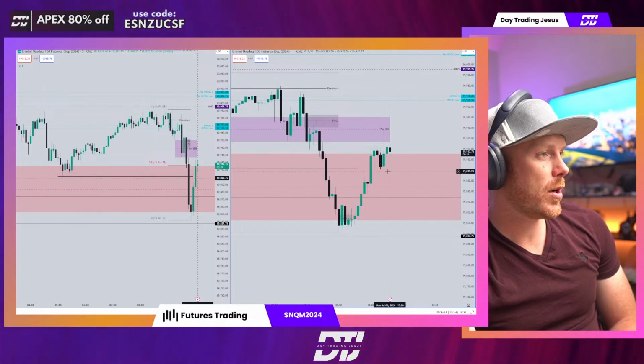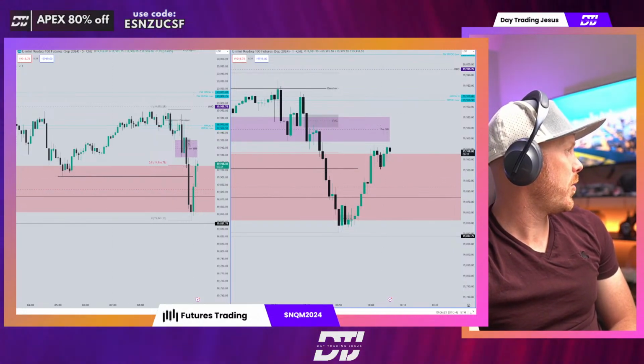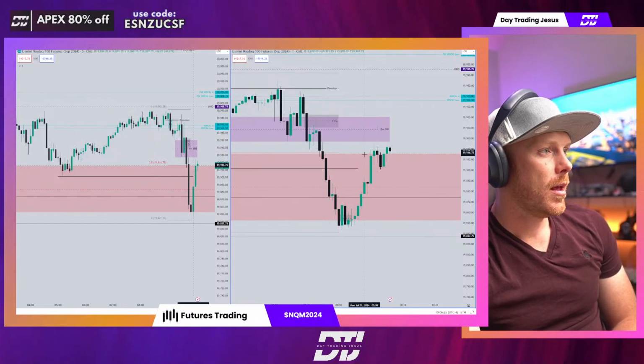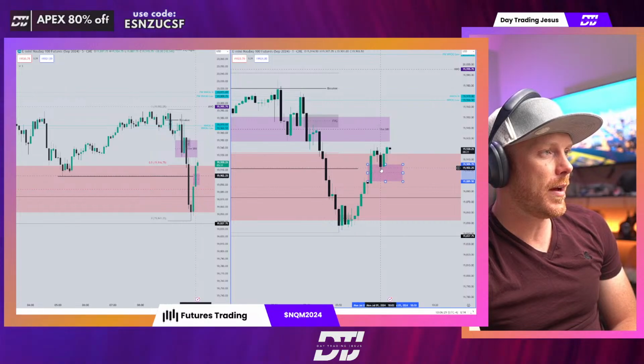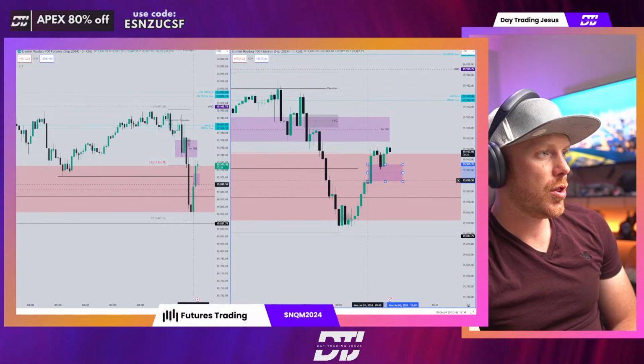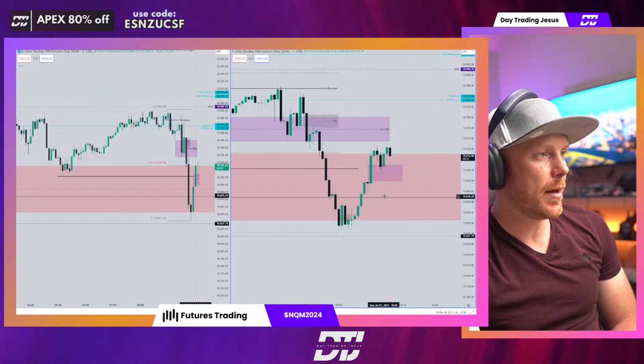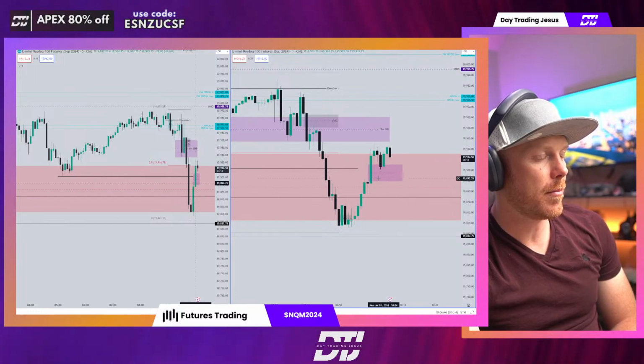So in regards to this long, we had somebody say that they're going long. If you're going long from this fair value gap, your stop loss would be below the low of the candle that created the fair value gap. So this candle's high and this candle's low has created this 1 minute fair value gap.